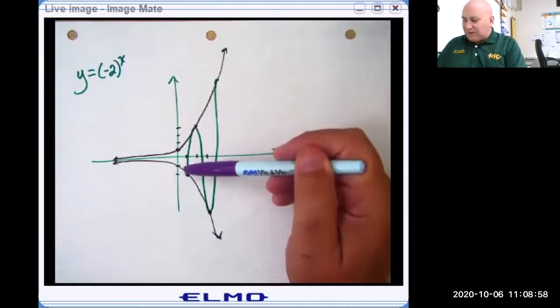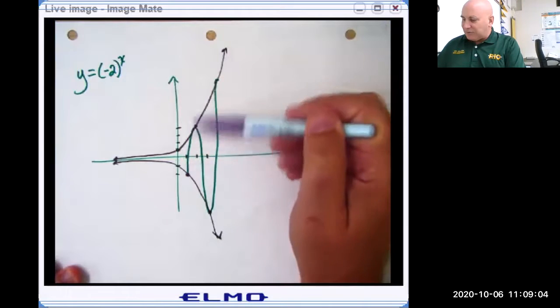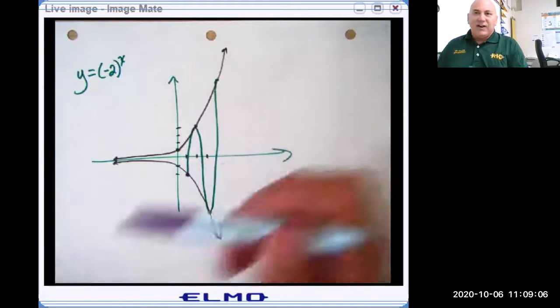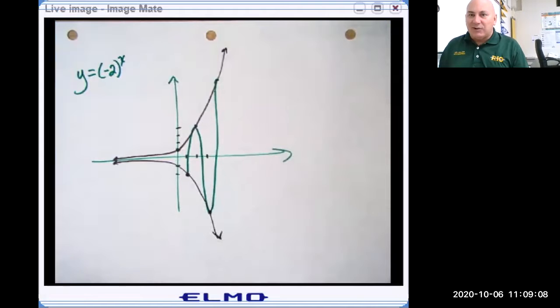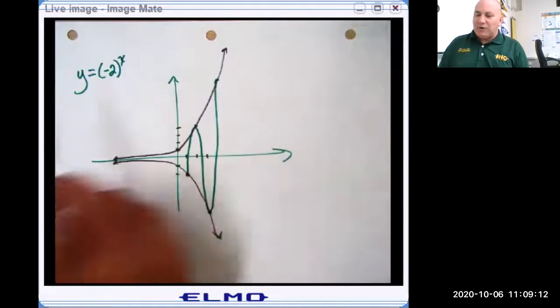So you have this infinite number of numbers, and we have to figure out, well, would it be a positive or a negative? So our graph's going to be doing crazy things, and it may not even be continuous at that point. So we're just not even going to worry about negative bases.